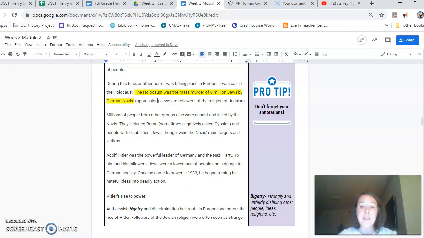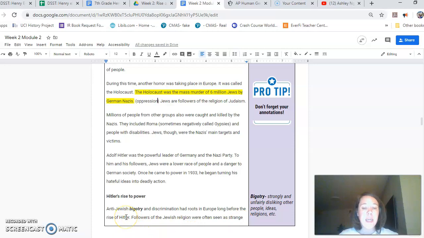Adolf's rise to power. Anti-Jewish bigotry. Notice here that bigotry is bolded. Off to the side, we've defined it for you as strongly or unfairly disliking other people, ideas, or religion. Remember, this was also a word of the day in Lit Lab.